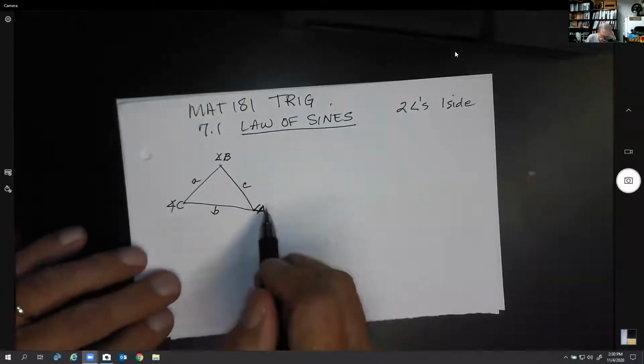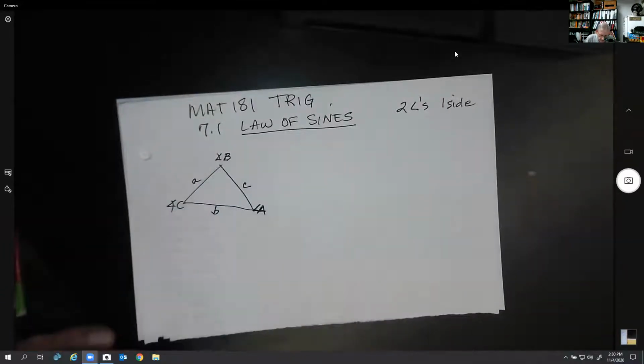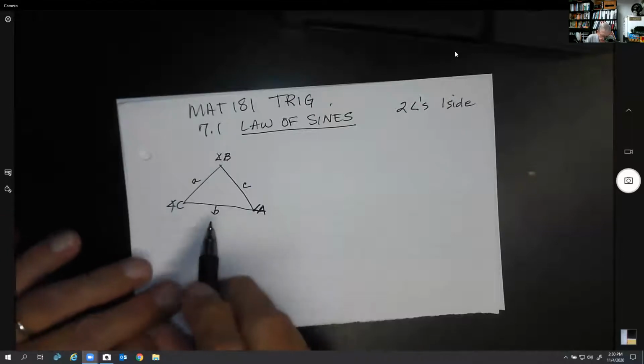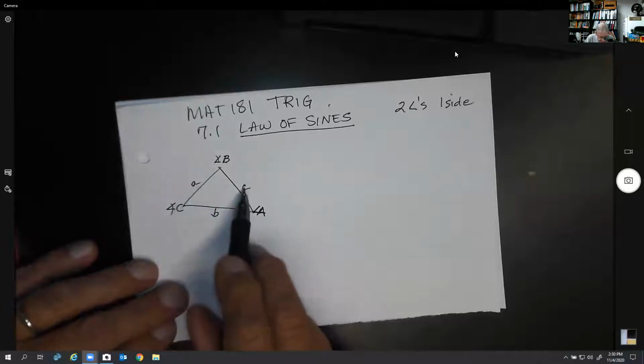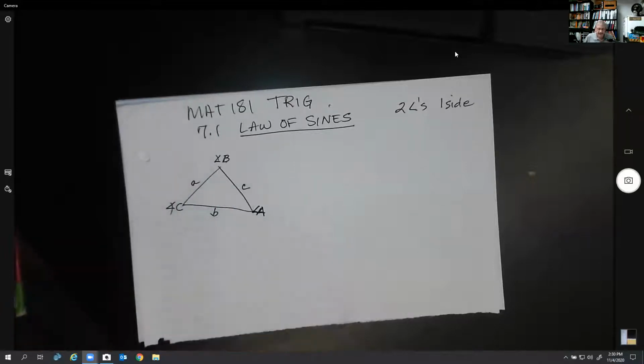So if we have two angles, say angle A and B, and we have a side, hopefully not C, but even if we had side C, we could solve for it. And it's all done basically by proportion.